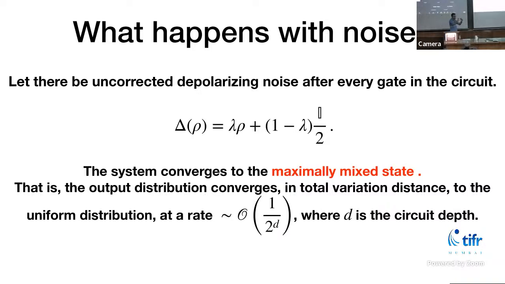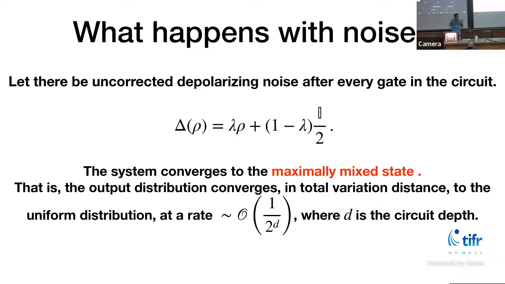This pushes you towards the maximally mixed state. And when you sample from the maximally mixed state, you get a fully flat distribution. And the convergence to this fully flat distribution grows better and better with depth.